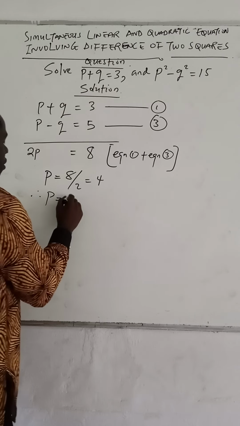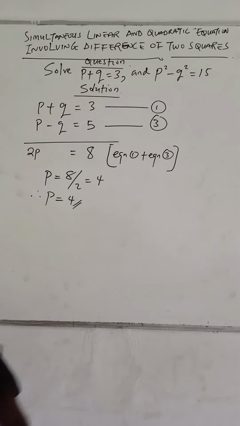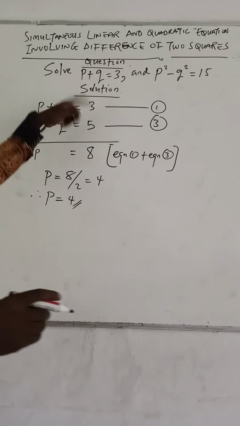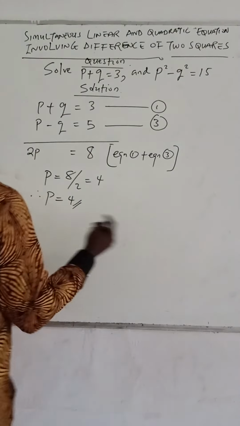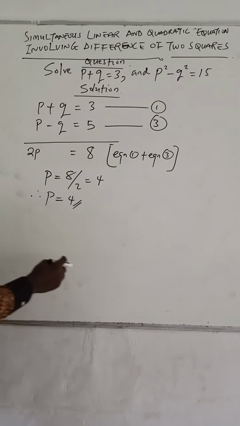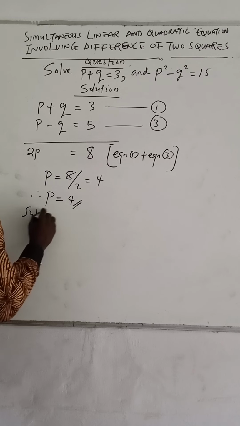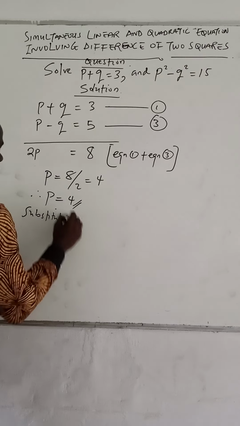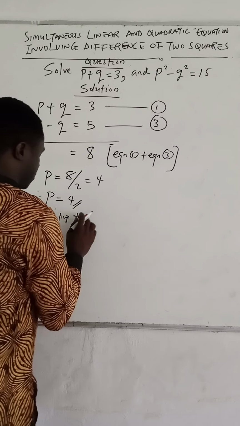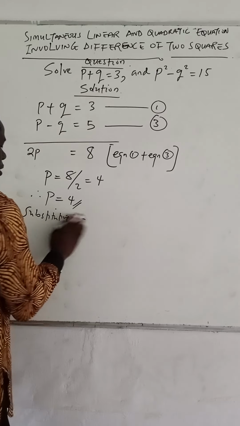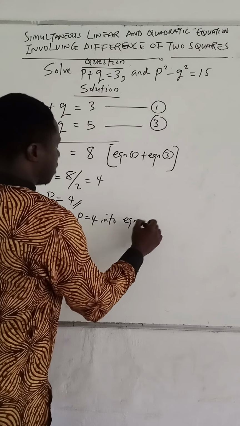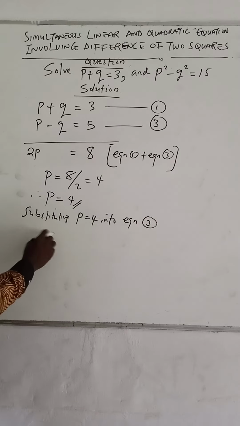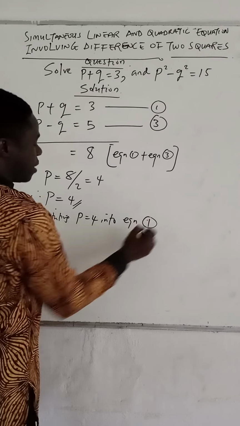Therefore, p equals 4. If we substitute the value of p into any of the equations, we will get the value of q. Let's substitute p equals 4 into equation 1.